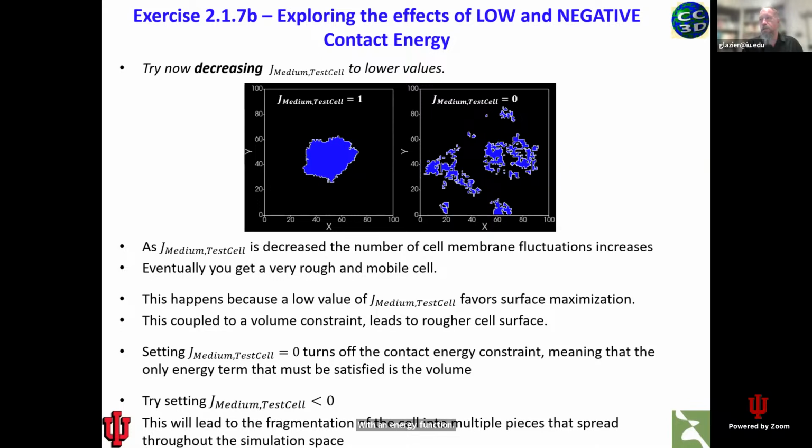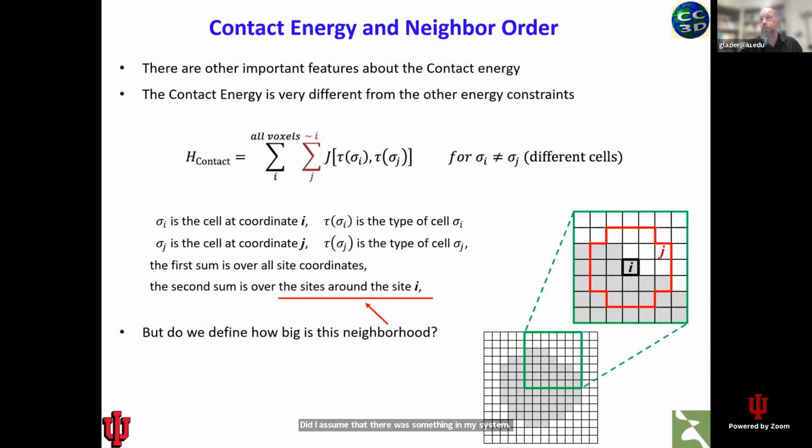And so the simulation is doing exactly what we asked it to do. It's trying to create as much surface area as possible, given the volume of the cell. And it can do that by having the cell fall apart into separated voxels. And so when you see these kinds of pathologies, you have to ask the question, did I forget something? Did I assume that there was something in my system that I didn't remember to put in by hand? All right.